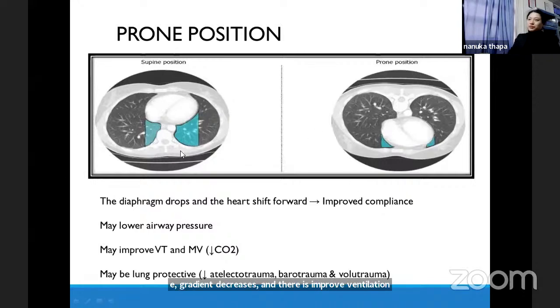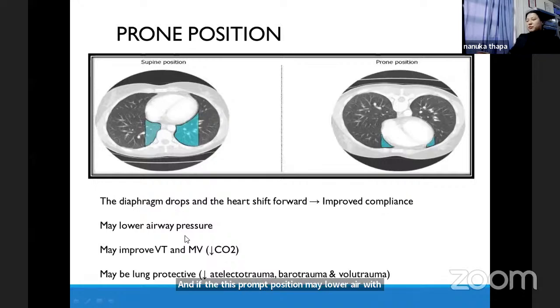And also with the diaphragm, in supine position the abdominal organs may fall cranially and collapse the basal lung. With prone positioning, this pressure is relieved and the lung volumes increase. And prone position may lower airway pressure.